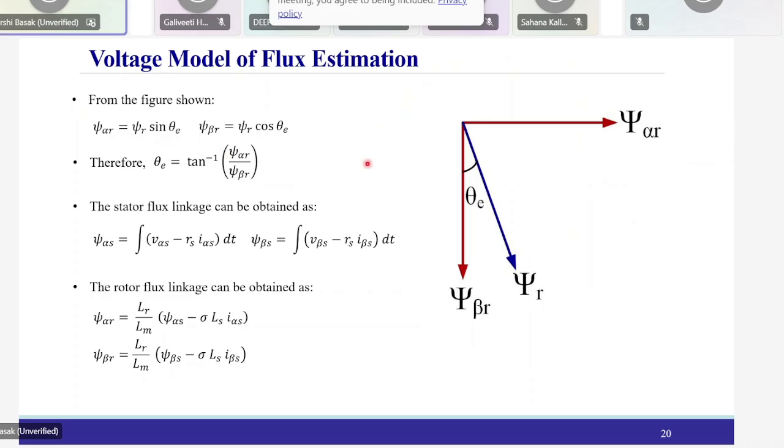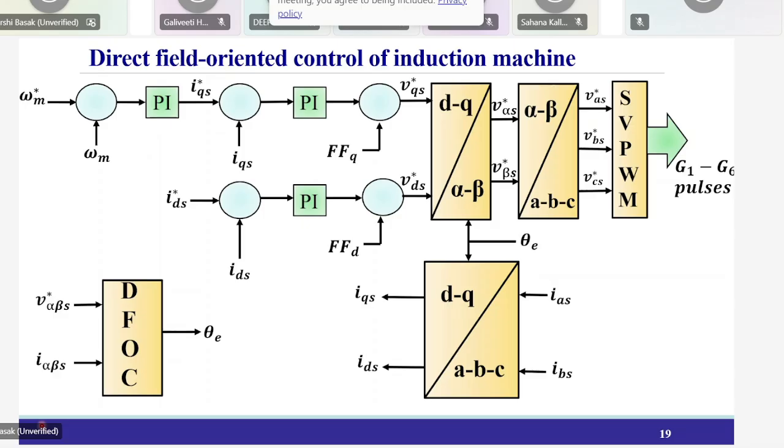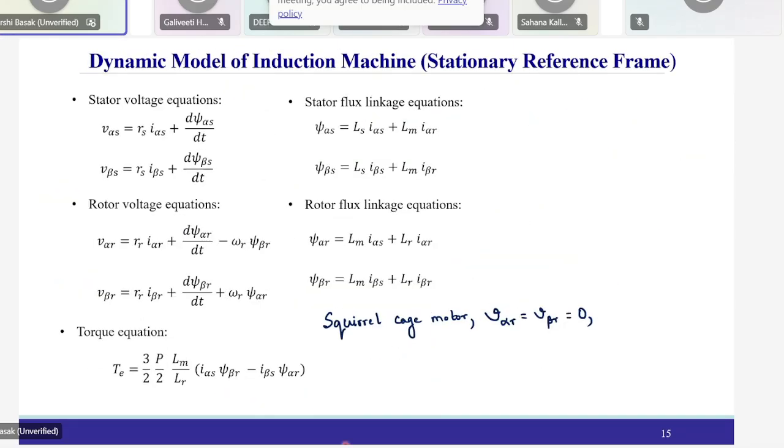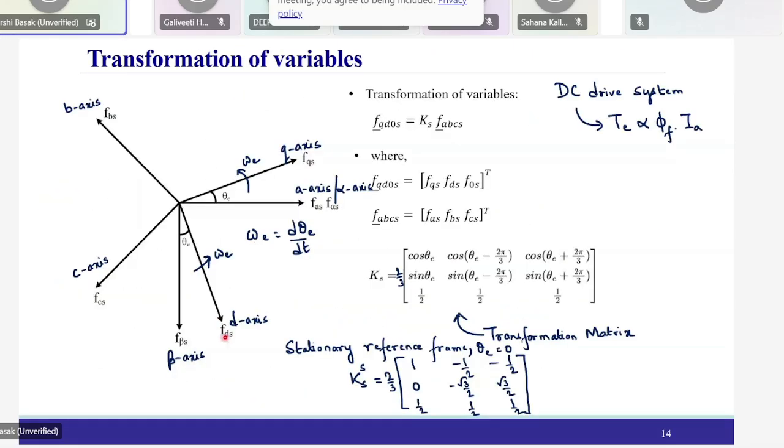Now, from this figure, if we go back to this, this is my d axis, this is my beta axis. So we want to align, or we have to fix, the d axis along the position of the rotor flux.